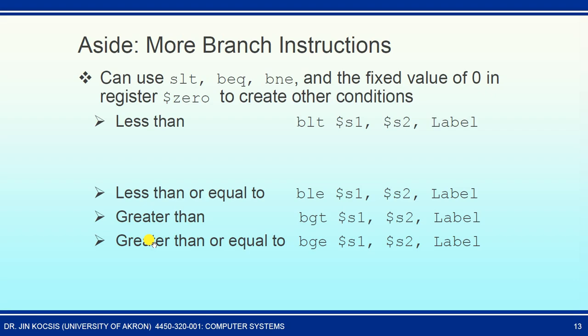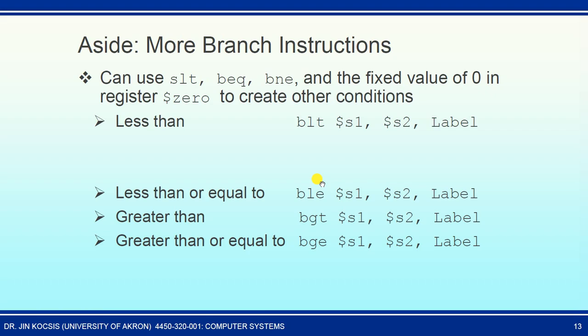So here I want to mention that although the official instruction set does not include other branch instructions other than branch equal and branch not equal, it still can represent the other branch instructions, which are pseudo instructions.